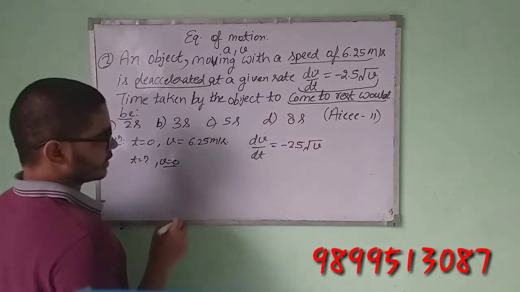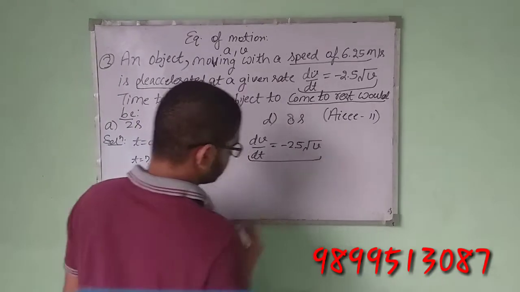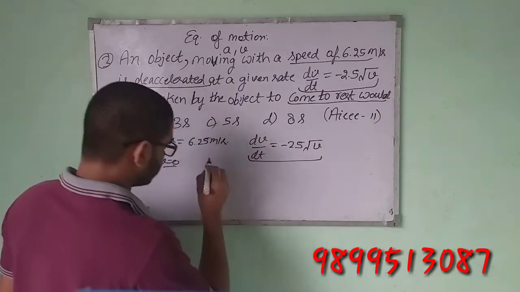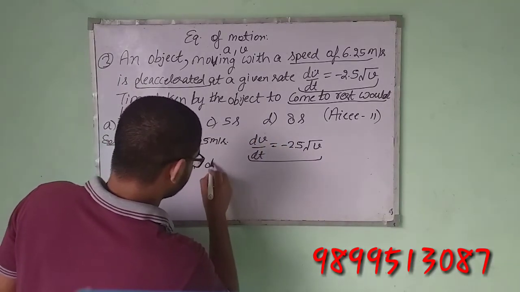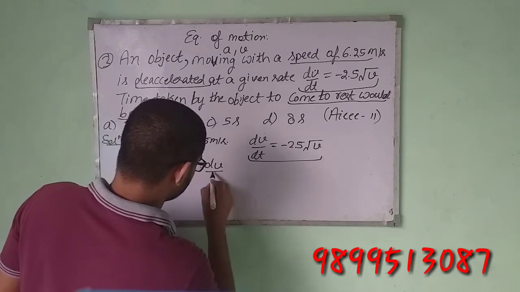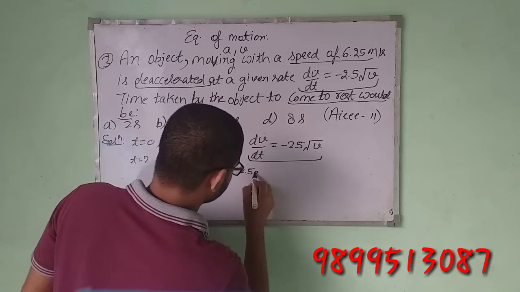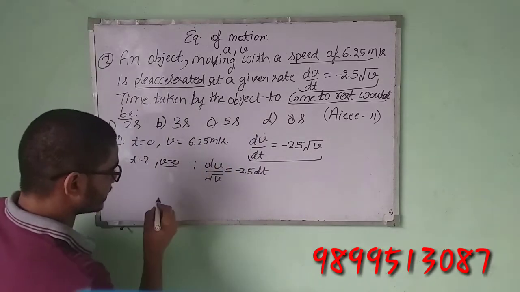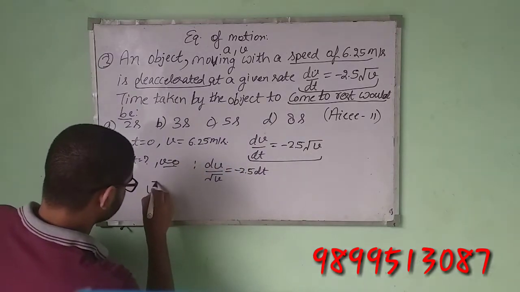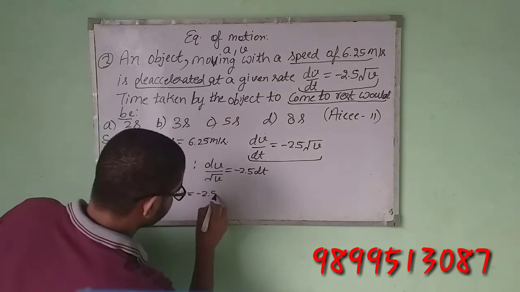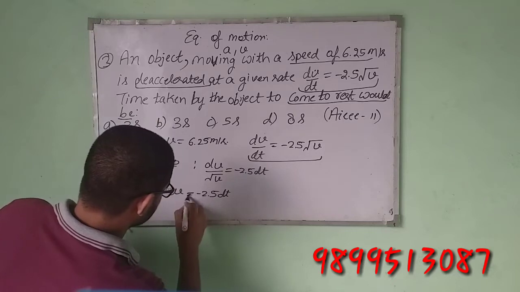Okay, let's solve this. We are given this equation, and we shall make some transformations: dv over square root of v is equal to minus 2.5 dt. I can write it as v raised to the power minus half dv is equal to minus 2.5 dt.